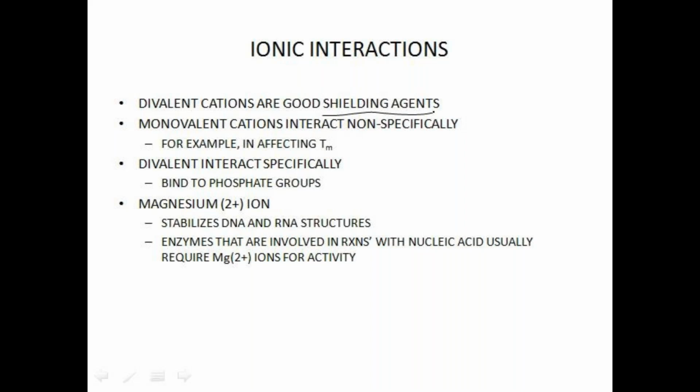The enzymes involved in reactions with nucleic acids require Mg2+ ions for their activity. Understood? What is the function of divalent cations? They act as good shielding agents, whereas monovalent cations interact non-specifically.